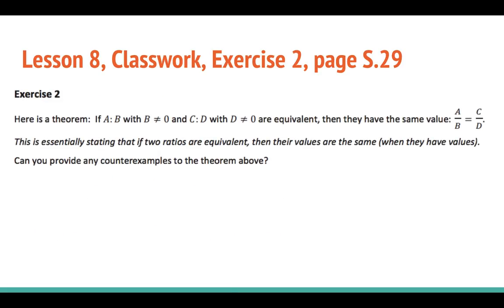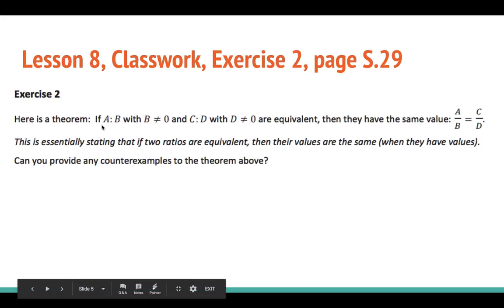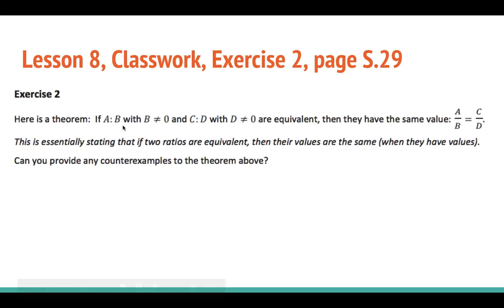All right, exercise 2. Here is a theorem, or a theory. If A to B with B not equal to 0 and C to D with D not equal to 0 are equivalent, then they have the same value. A over B equals C over D. Okay, remember your A is your numerator, your B is the denominator, and B cannot be a 0. C to D, C is your numerator, D is your denominator, with D not being 0.